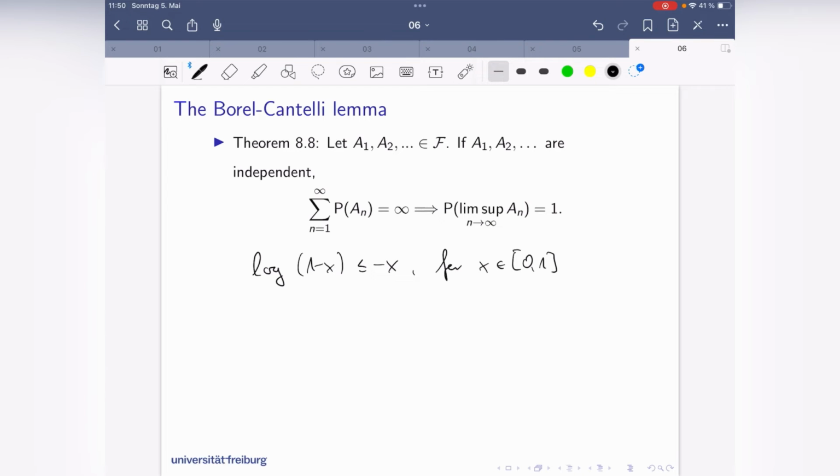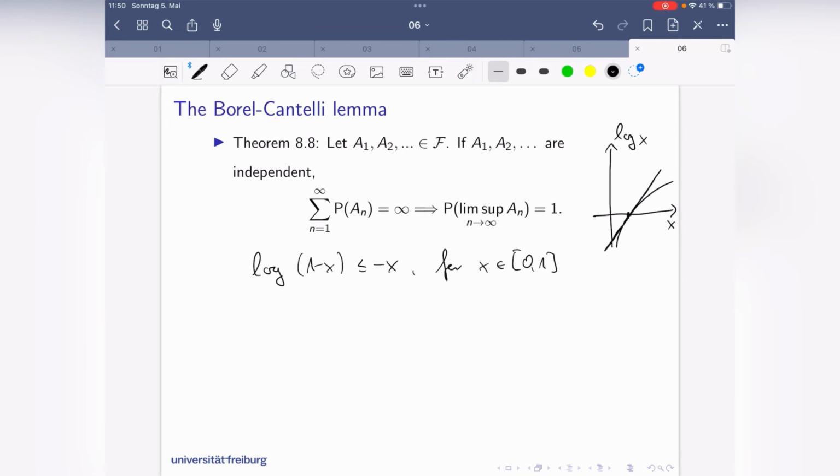So what does this mean here? Let's plot x here and log x here, as you know. This is like this. And you can also compute that here you have the derivative of 1.